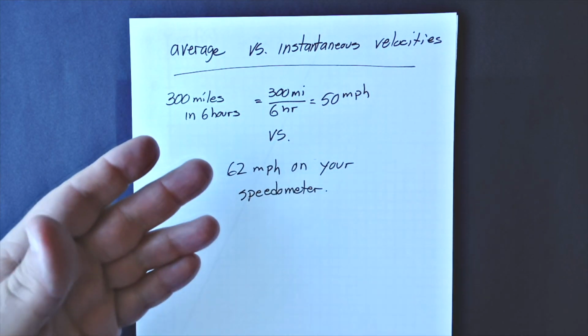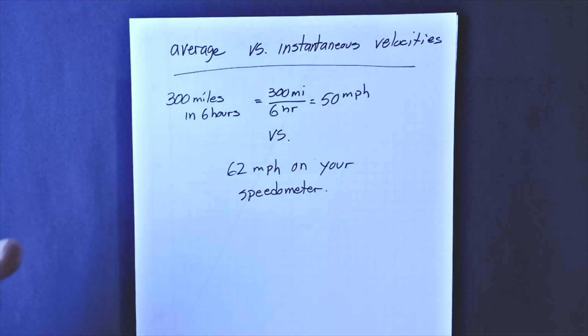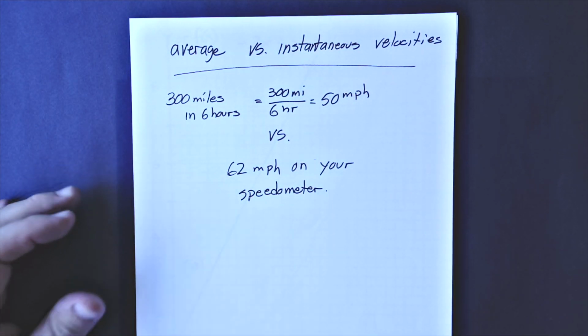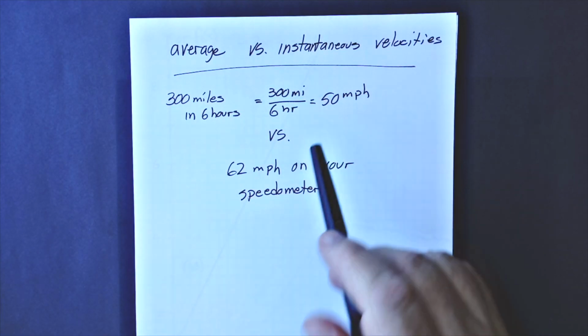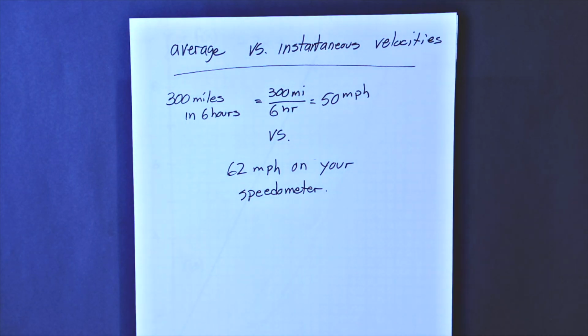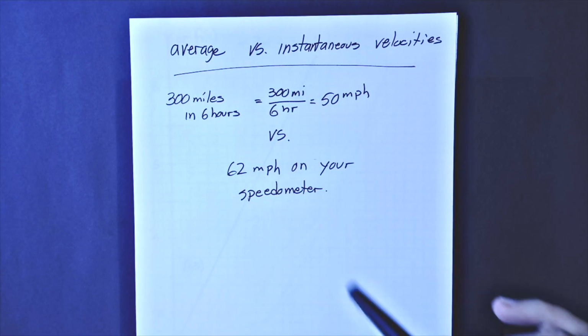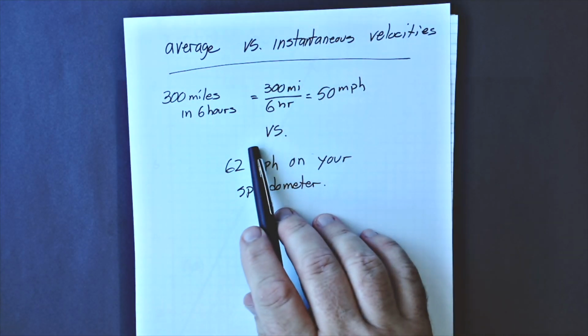That does not mean that you went exactly 50 miles an hour all along the trip. You probably went a little faster, a little slower, maybe you stopped to get lunch. The speeds at your individual moments along your trip are constantly variable, but this is the average velocity.